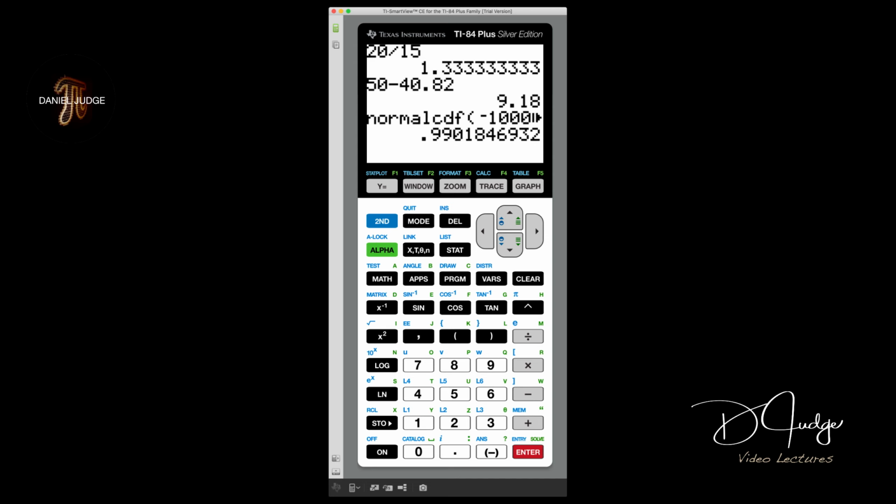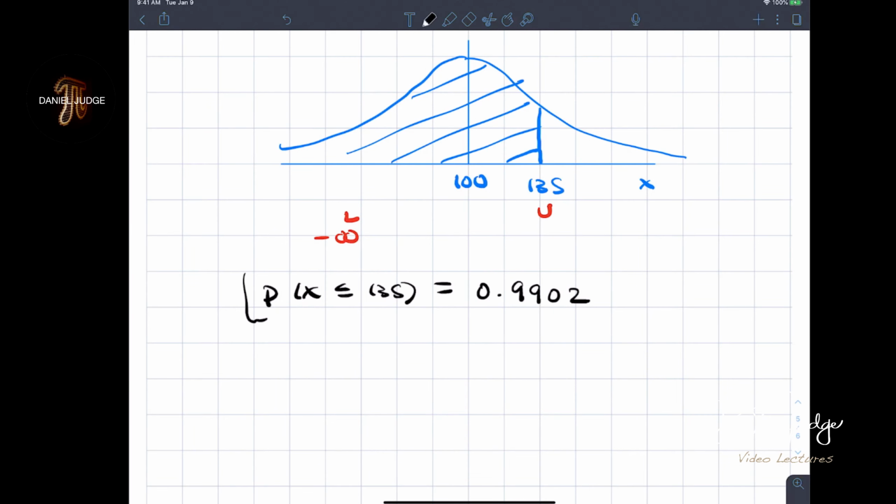And here's what we get. Let's approximate this to the 10,000s again: 0.9902. So here's our answer.